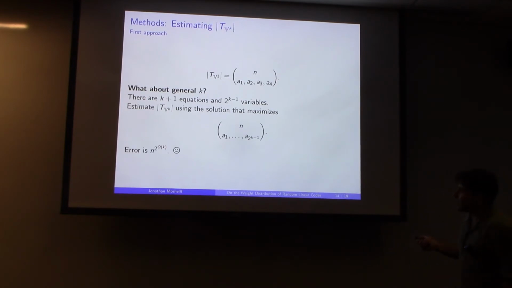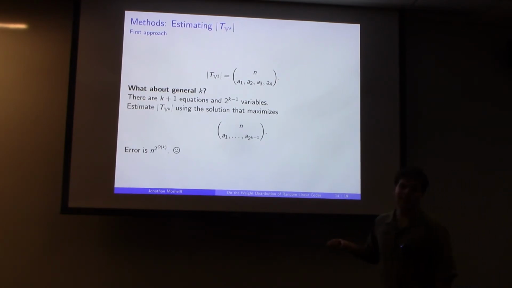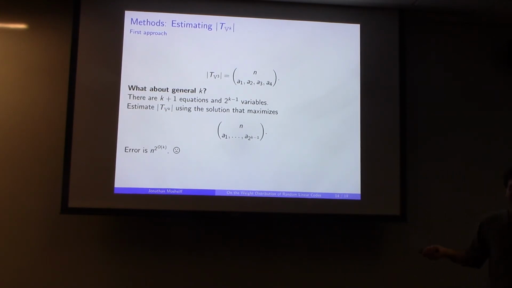And the problem is that this gives a double exponential error, because you have 2 to the k variables, so the number of solutions that you have is double exponential in k. So this is pretty bad.